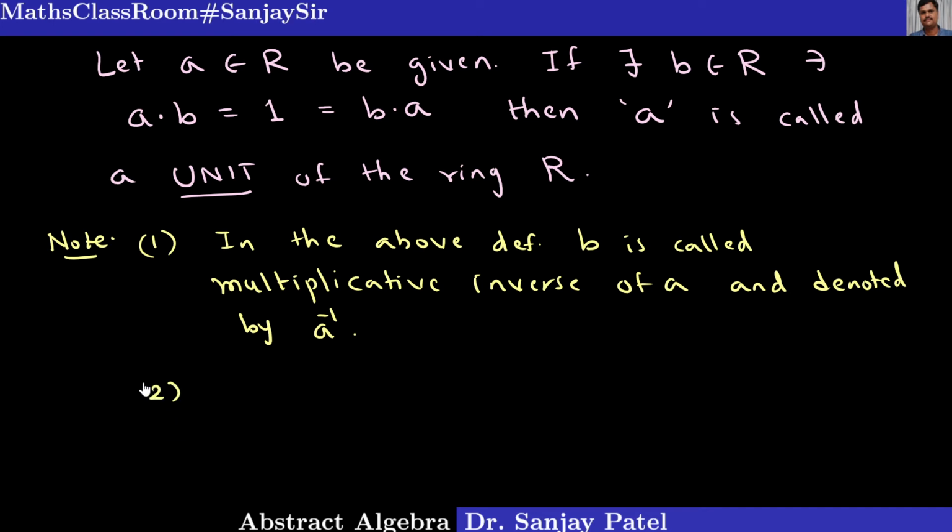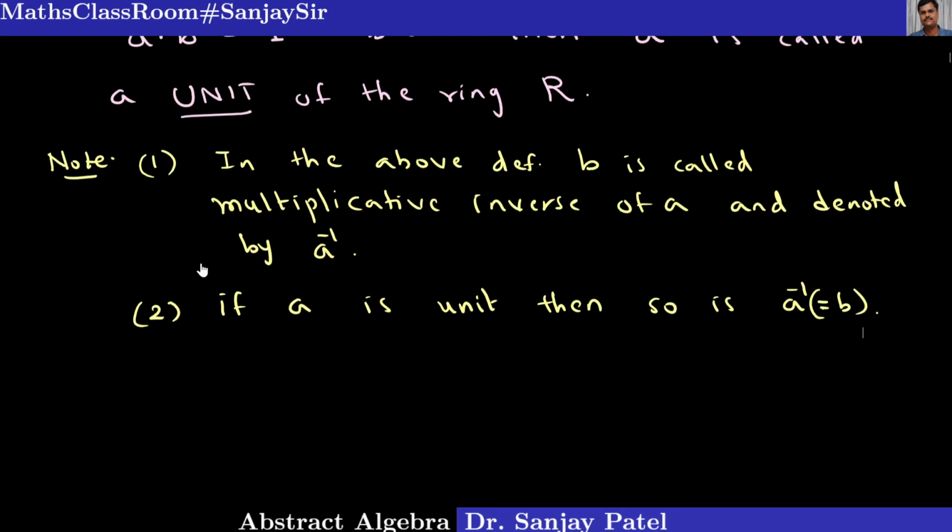So let me write, if a is a unit, then so is its inverse. Okay, if a is a unit, then its multiplicative inverse, that is b, is also a unit. So we have defined ring, commutative ring, and unity element.